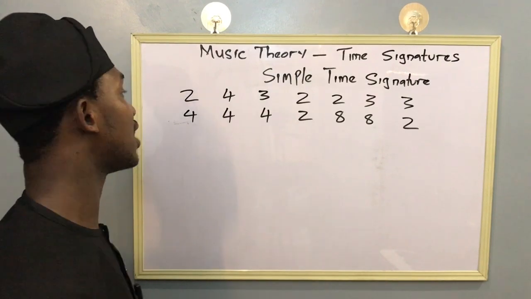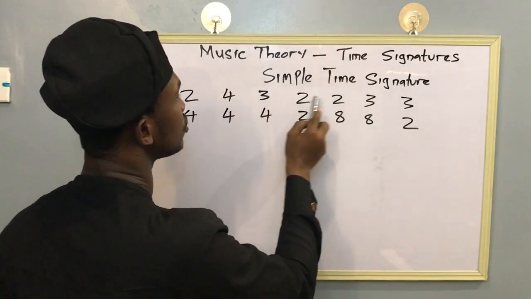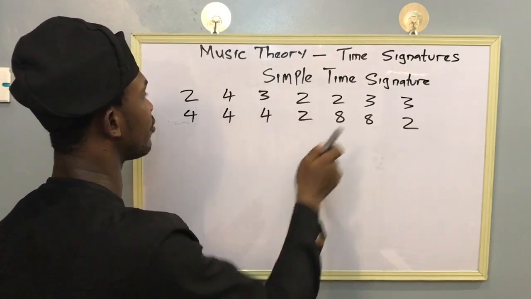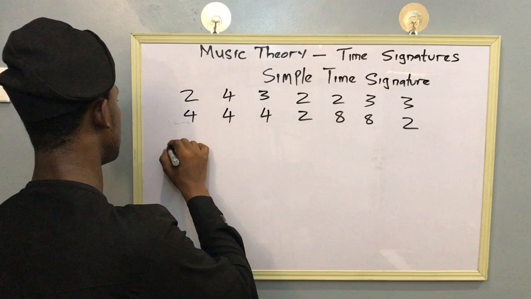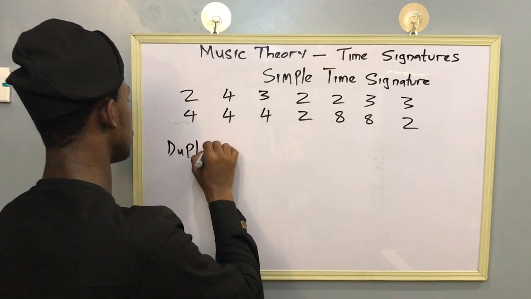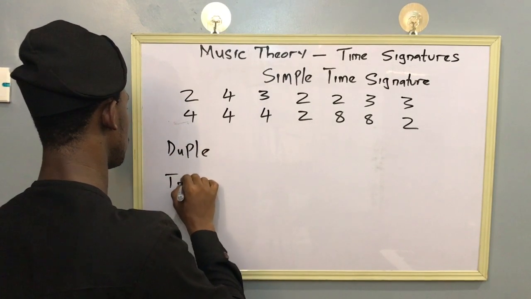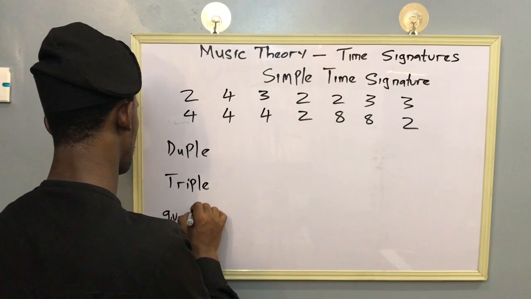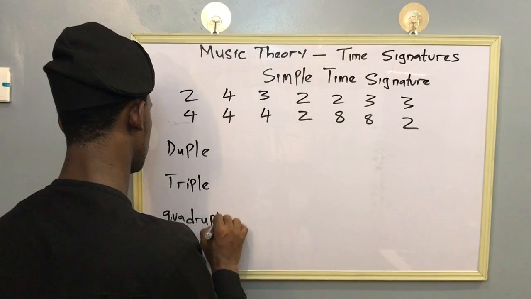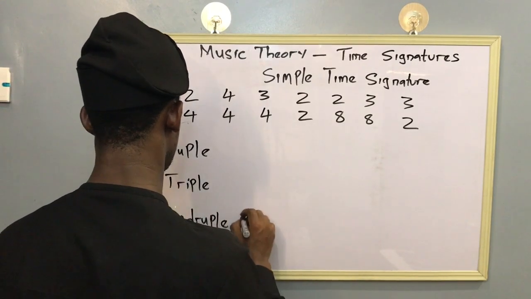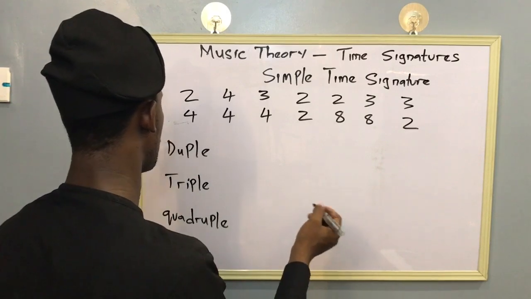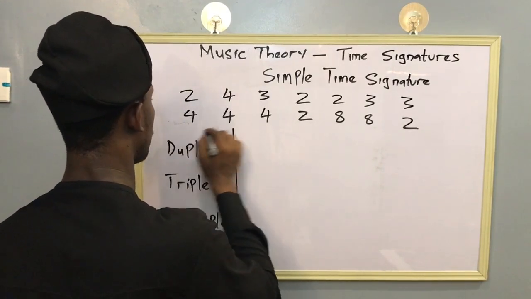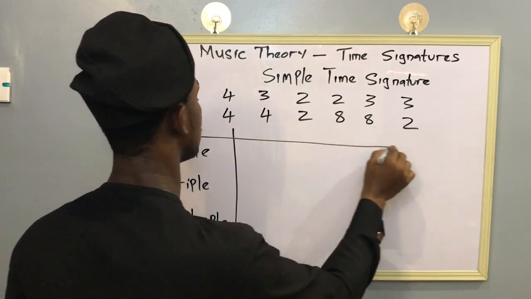There are some classifications that we use. This top number, you'll see, is basically 2, 3, and 4. So we have the duple, we have the triple, and we have the quadruple simple time signature. These are the forms of simple time signature we have.